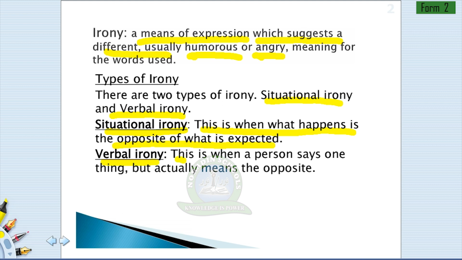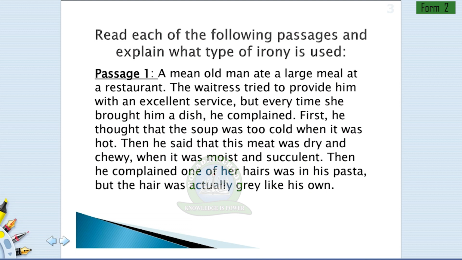And the second one is verbal irony. This is when a person says one thing, but that thing actually means the opposite. He said one thing, and that thing is the opposite in meaning.